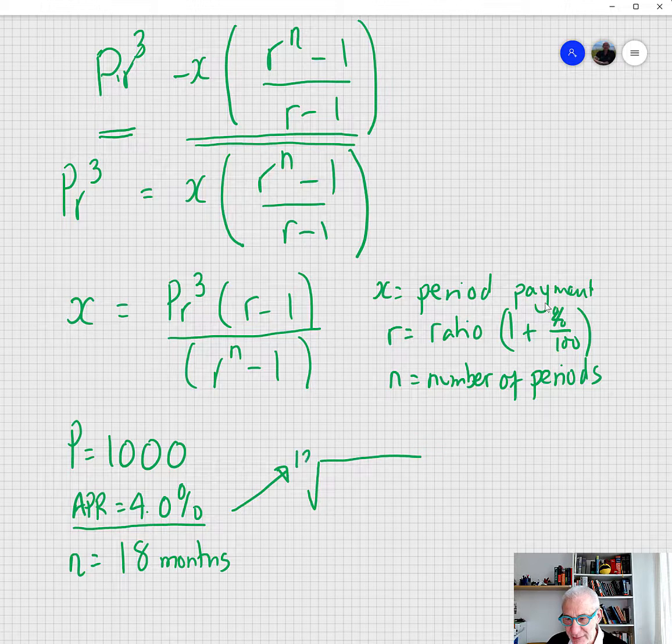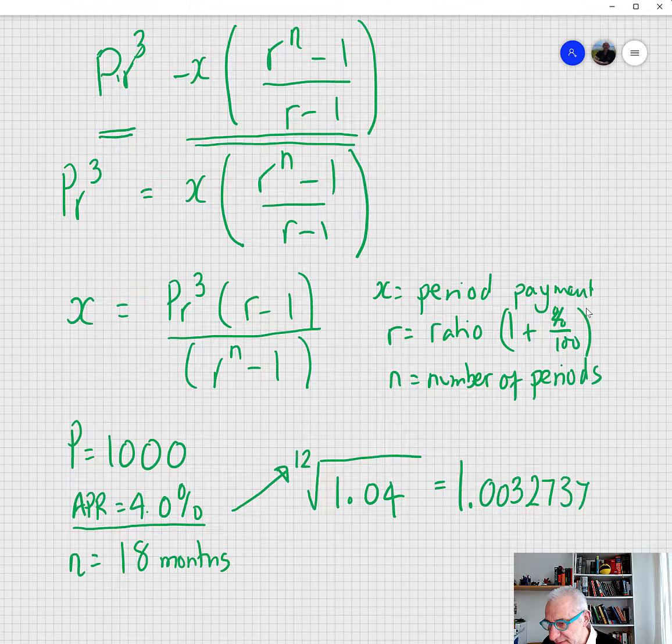So 1.04 represents the 4%, and we're going to take the 12th root of that, a thing that you can do on your calculator. And if I take the 12th root of that, what I get is 1.003273774. Right, lots of decimal places, but we'll keep it like that to make sure our calculations are accurate.